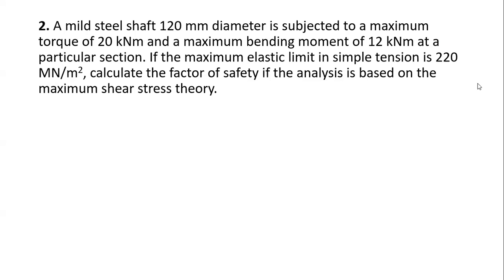In this question, what we've been given is a mild steel shaft, 120 millimeters diameter, subjected to a maximum torque of 20 kilonewton meters, and a maximum bending moment of 12 kilonewton meters at a particular section. Then we're told that the maximum elastic limit stress in simple tension is 220 meganewtons per square meter. Calculate the factor of safety if the analysis is based on the maximum shear stress theory.